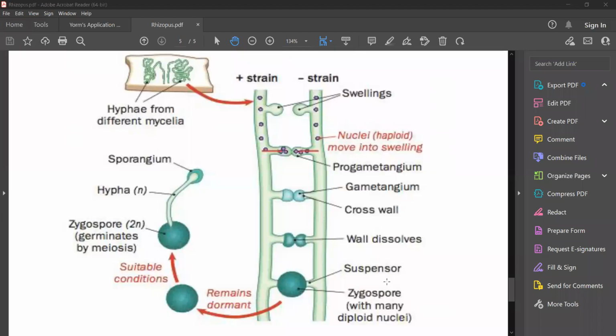Then, when the zygospore is ready to develop into a new strain of hyphae, which will then move on to the mycelium, what happens is the suspensors will dry, shrink off, and then you have a free zygospore, which would remain dormant, awaiting further instructions, to develop into a new hyphae.